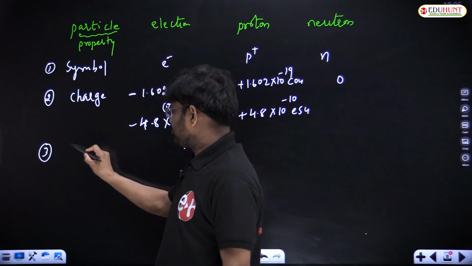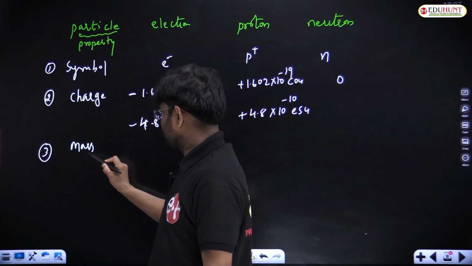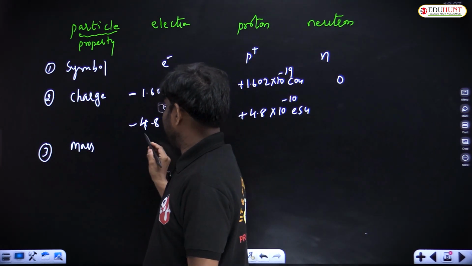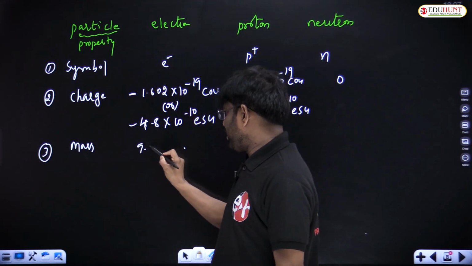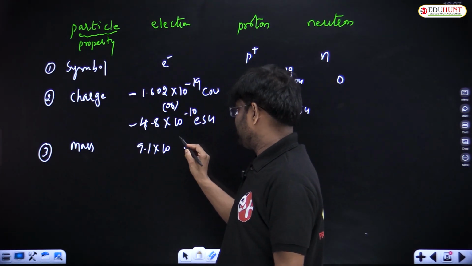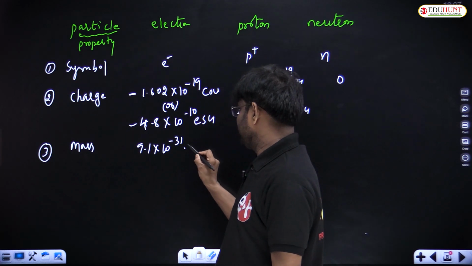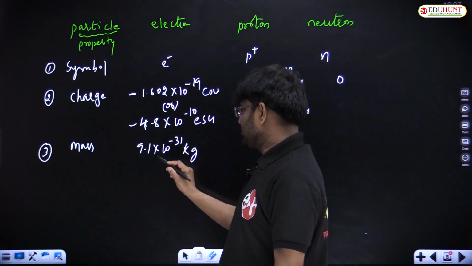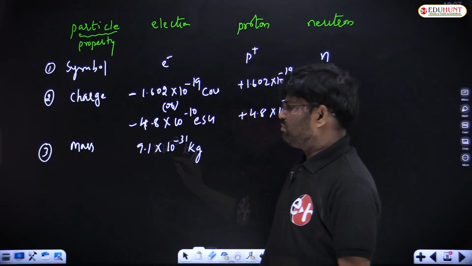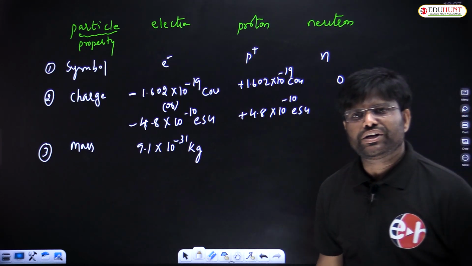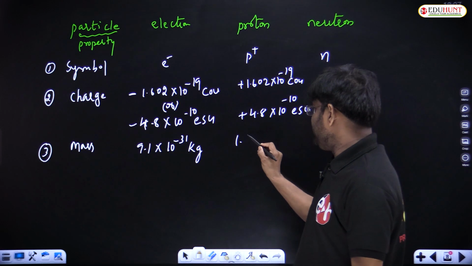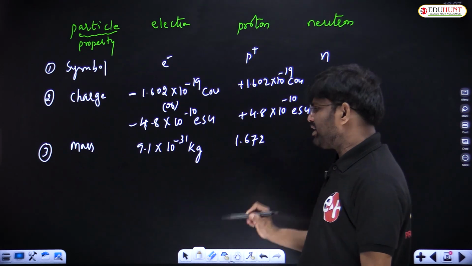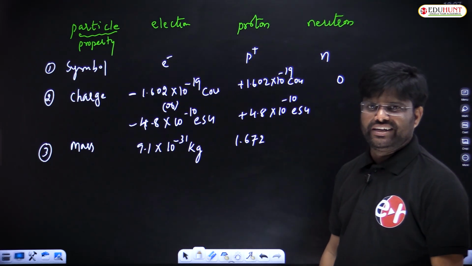Next, third, mass of electron. Mass is 9.1 into 10 to the power of minus 31 kgs. This is in kgs. Mass of proton is 1.672, sometimes 1.673.